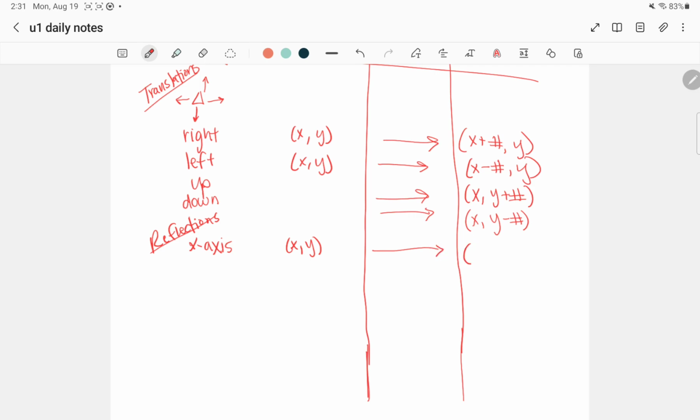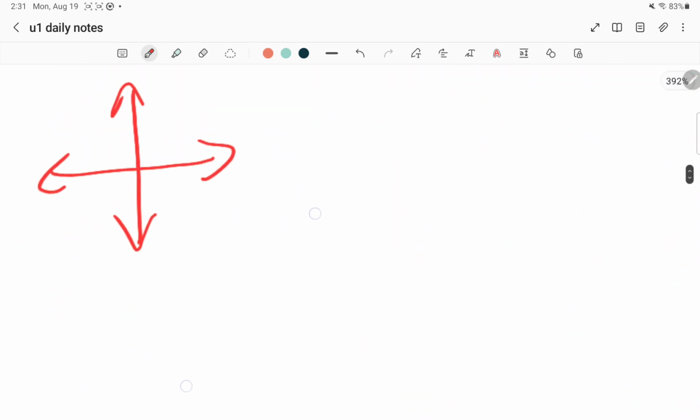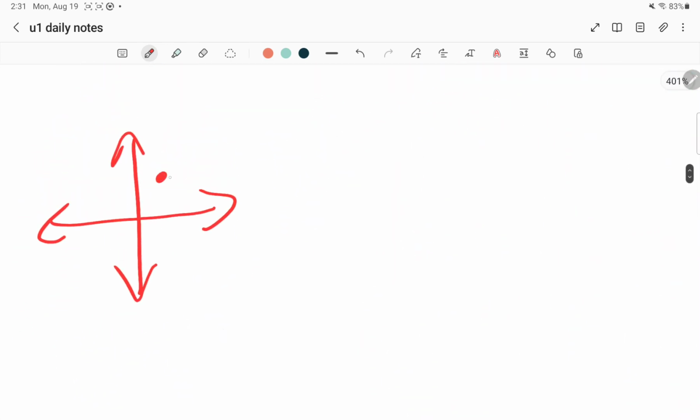What happens when I flip across the x-axis is, I'll just try and draw a little picture for you here. If I've got a point up here, if I flip it across this line, it ends up down here somewhere, because I'm mirroring it across this line. If I folded it across here, they would line up.